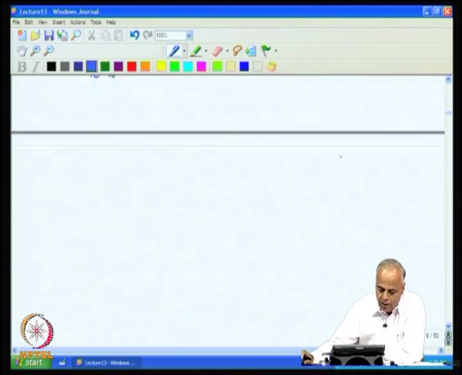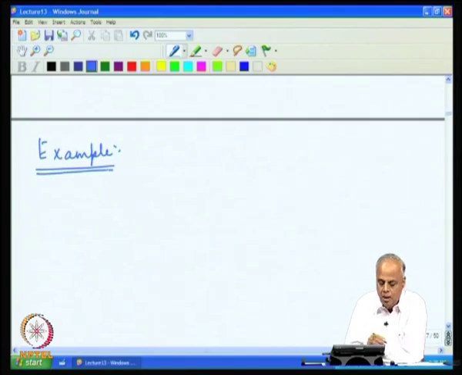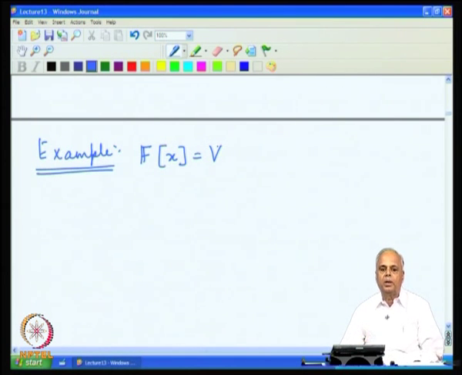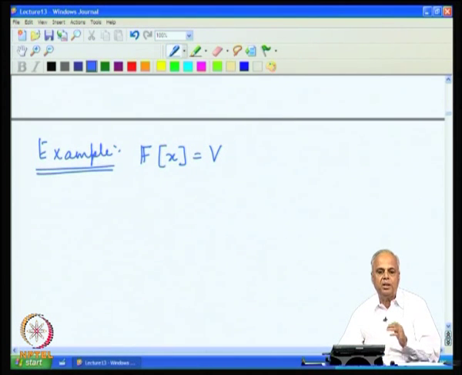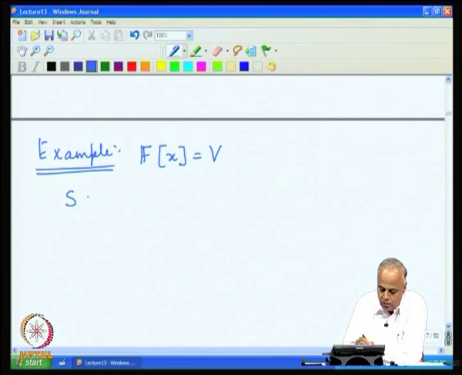Let us look at a simple example. Let us take the vector space V to be the space of all polynomials over the field F, that is the set of all those polynomials with coefficients from the field F. In this setup, let us consider S to be a set of vectors in V. What are vectors in V?